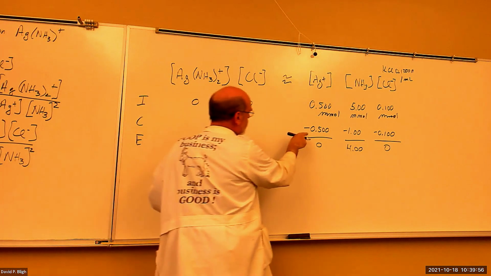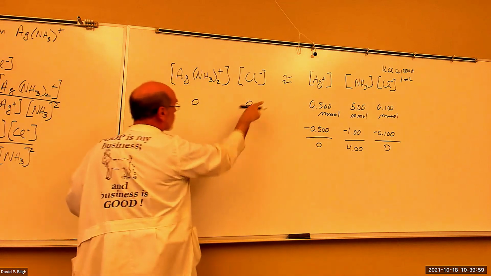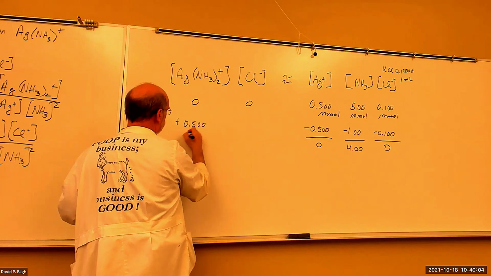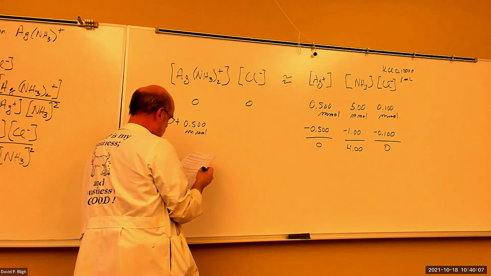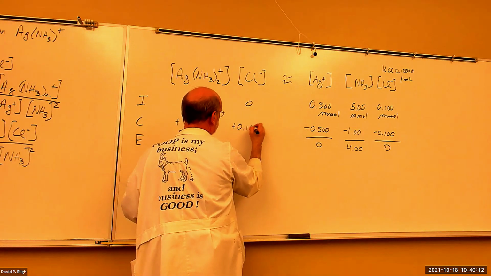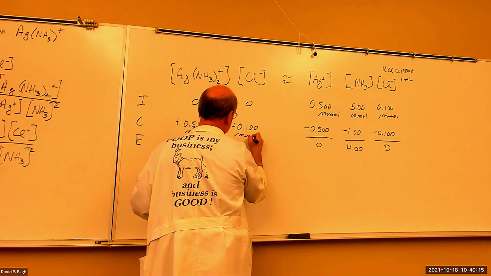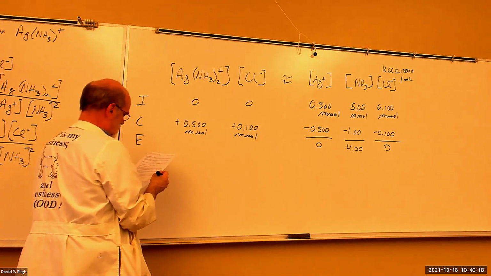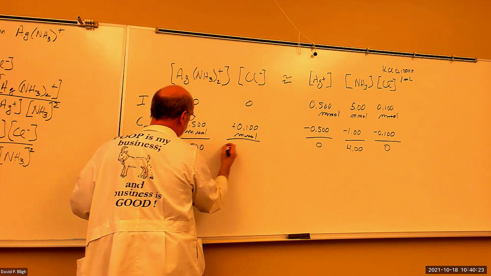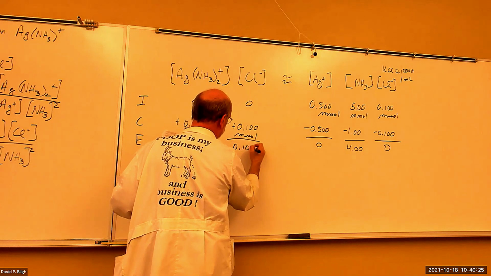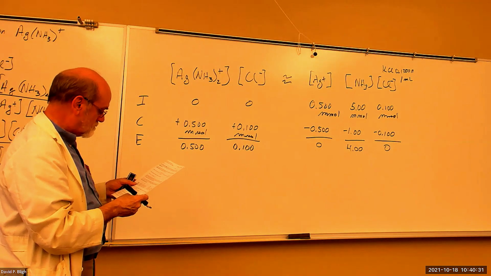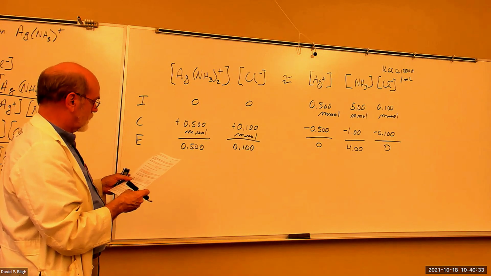Well, if we're using all that up, it appears over here 1 to 1, plus 0.5 millimoles. And if we're using up all of this, it appears over here plus 0.1 millimoles. Okay, so now we have 0.5 millimoles and 0.1 millimoles. That's at equilibrium. See if I got all those right. Yeah.